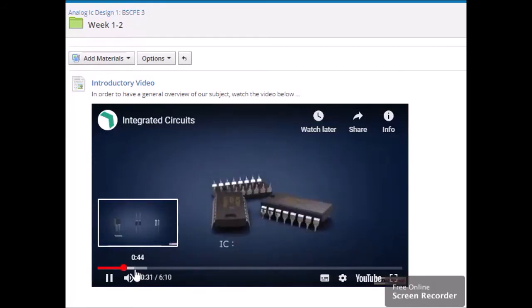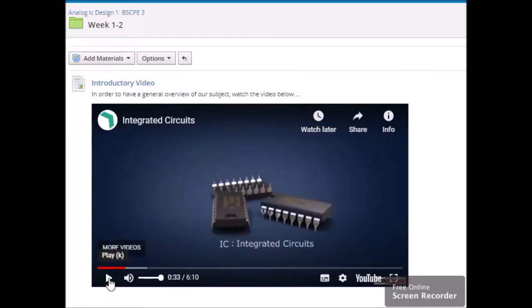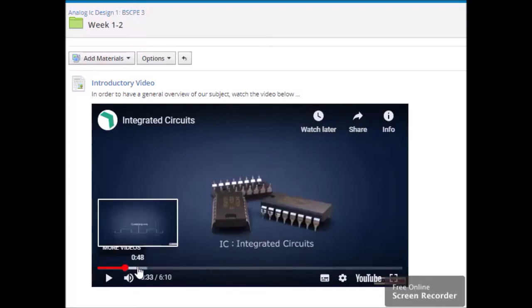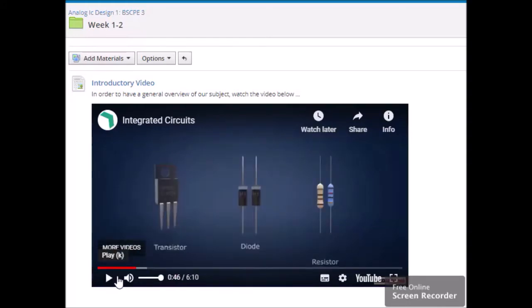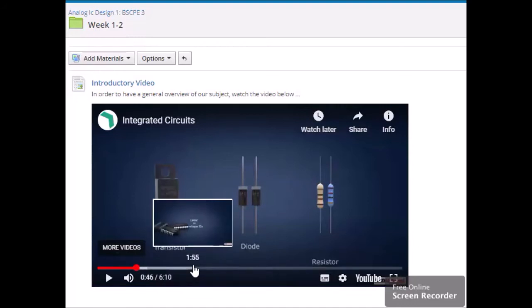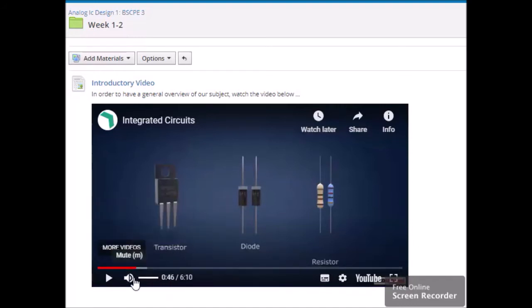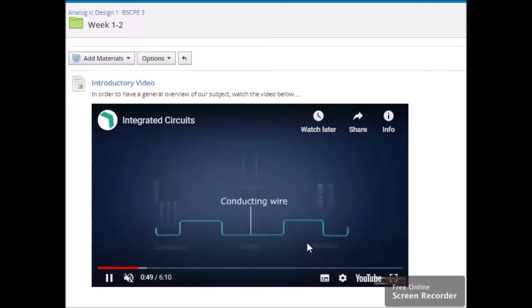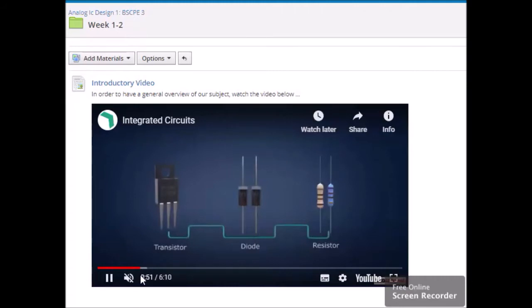IC stands for integrated circuits. Ito na din yung sinasabi ko before na yung circuits natin ay mga devices lang siya, and then kinoconnect lang siya using conducting wires, and that's it.